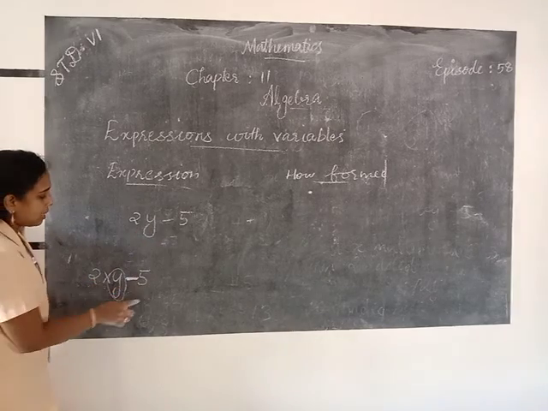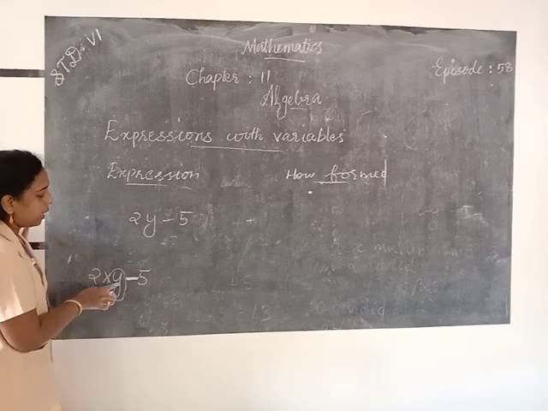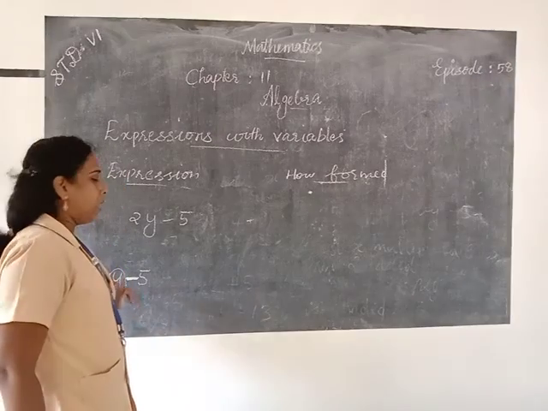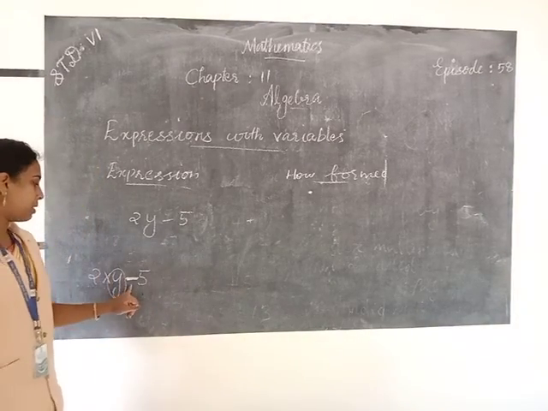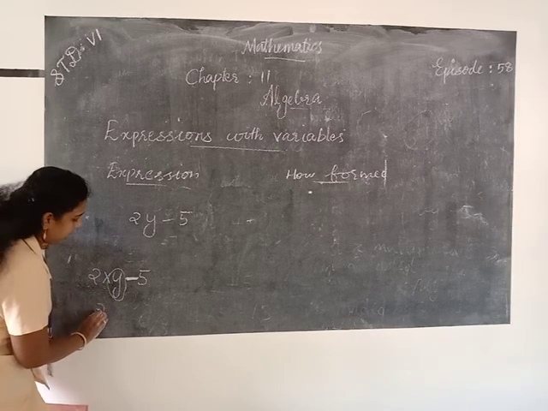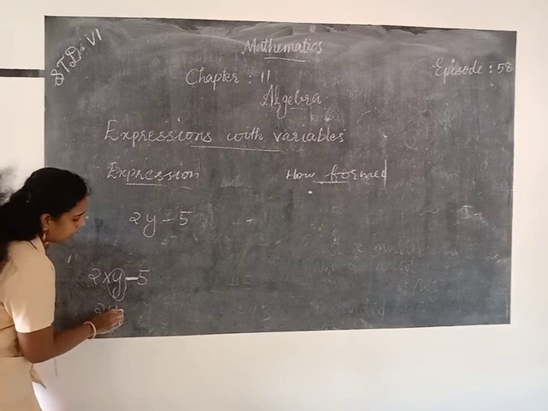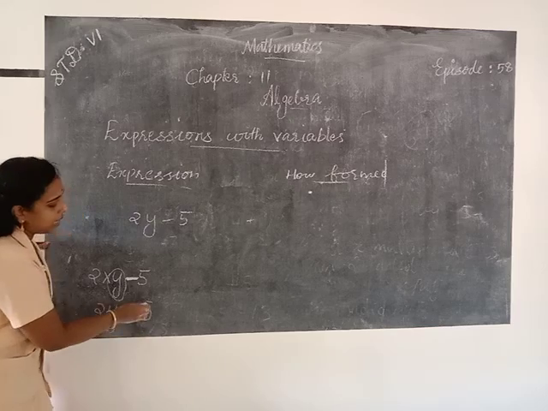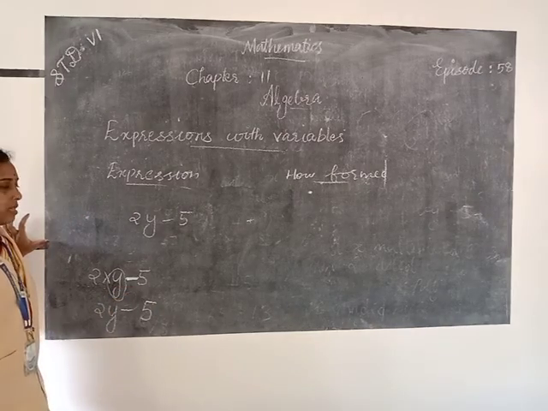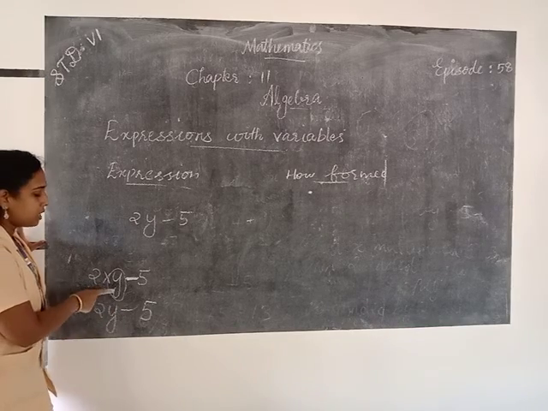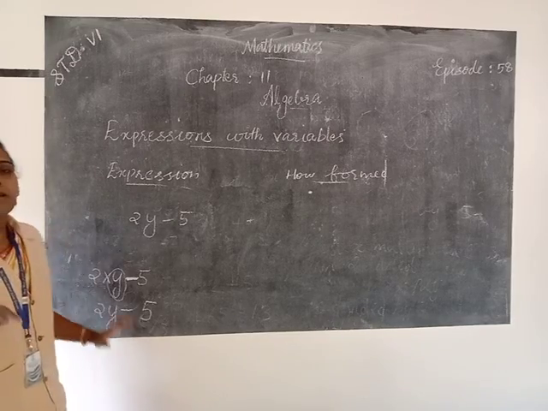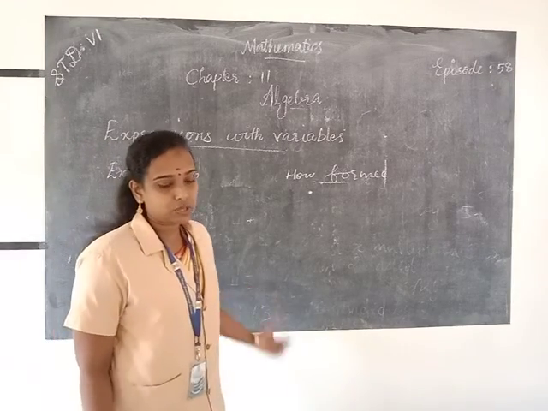So 2y minus 5 means 2 into y minus 5. First we multiply y by 2, we get 2y, that is the product. Then we subtract 5 from the product. So the expression is formed by first y is multiplied by 2, then 5 is subtracted from the product.